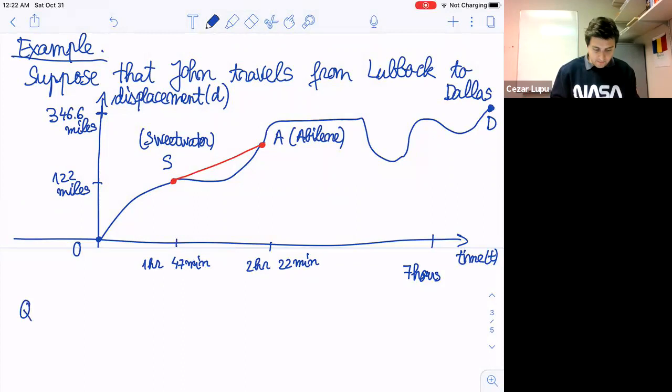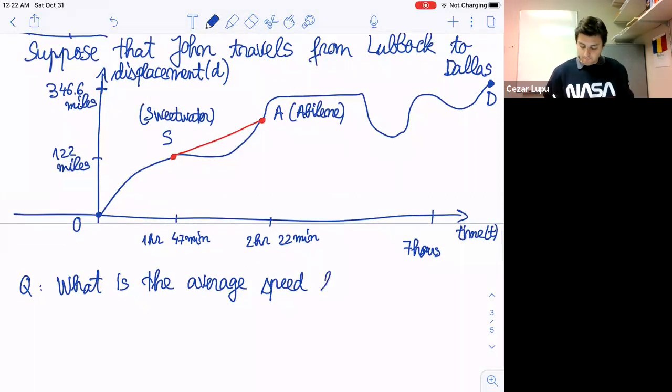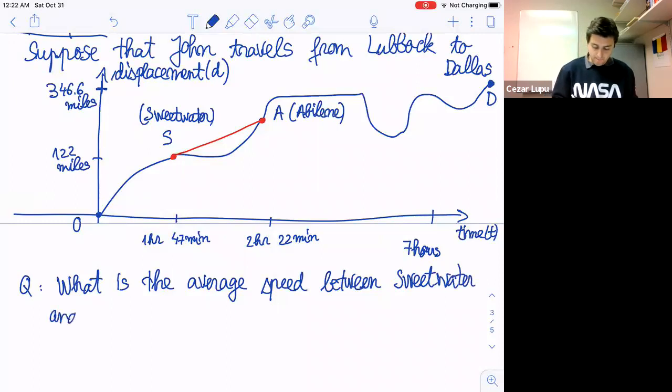So the question that we want to ask is, what is the average speed between Sweetwater and Abilene? So we would like to see that.